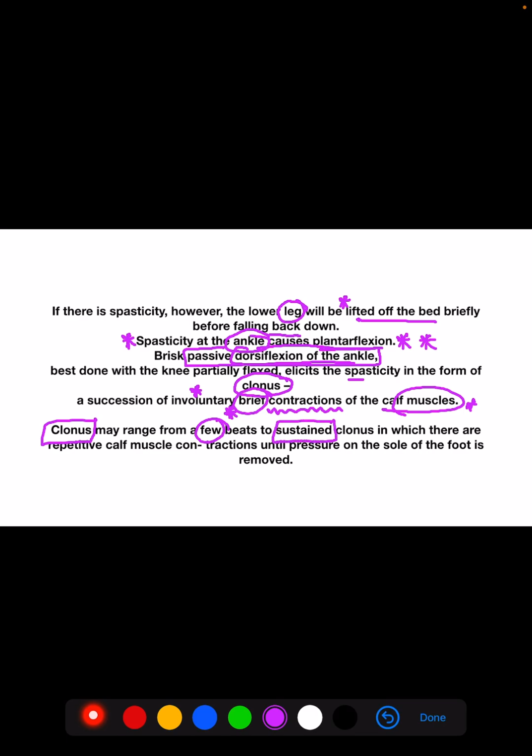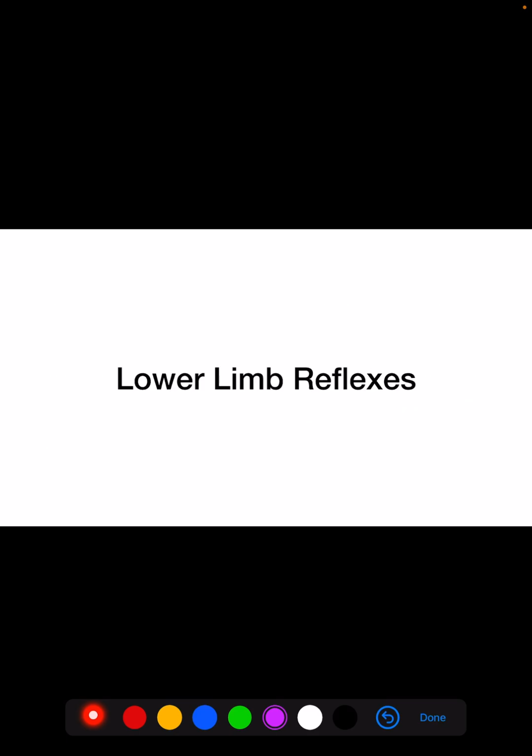What is sustained clonus? There will be repetitive contractions of the calf muscles until the pressure on the sole of the foot is removed.